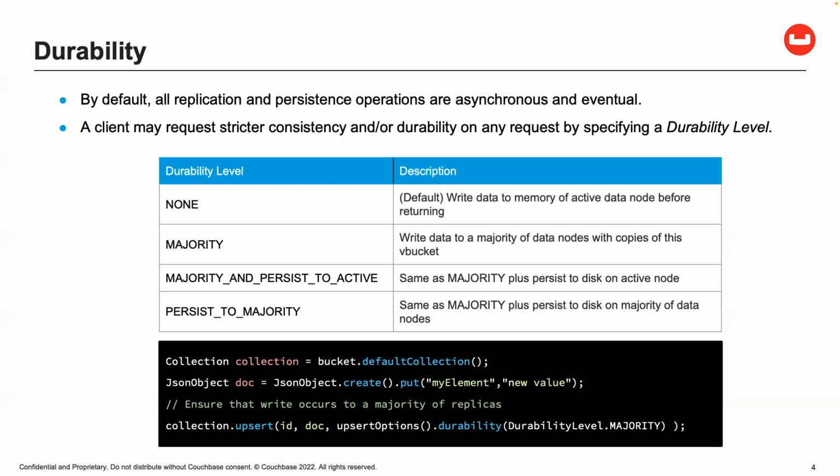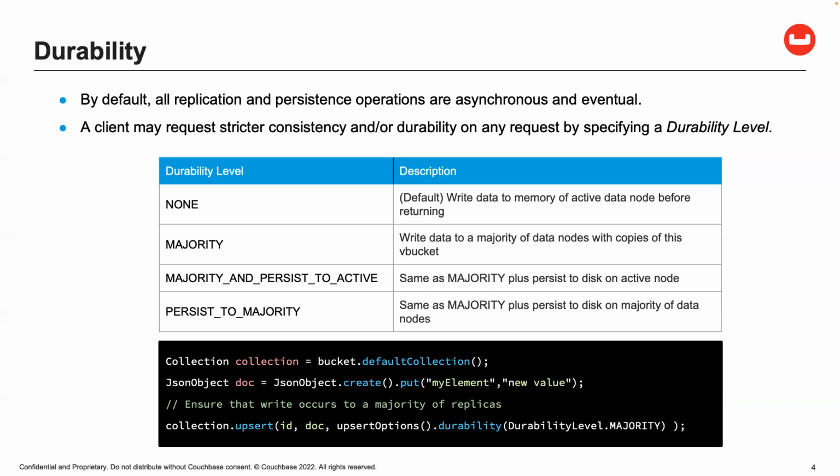As I've already stated, none is the default level of durability for Couchbase, and that's just the regular asynchronous write. This could be appropriate when writing, say, a data set whose loss would produce only a minor inconvenience. For example, a single instance of sensor data out of tens of thousands of instances that are being written continuously.